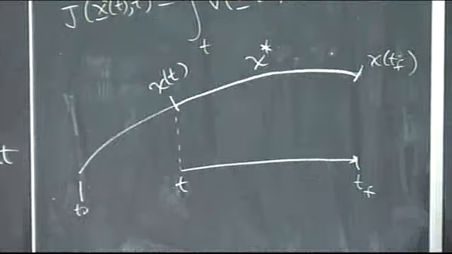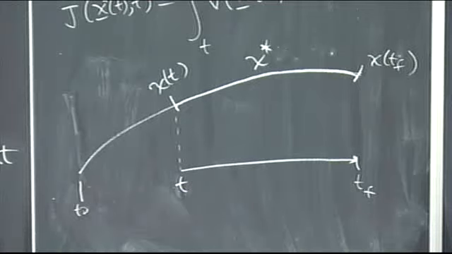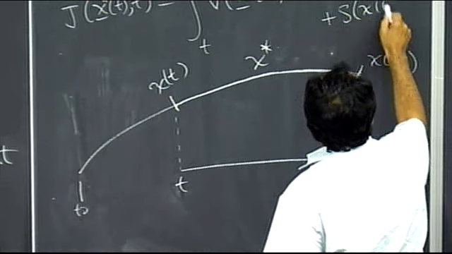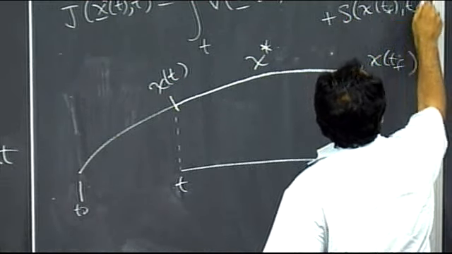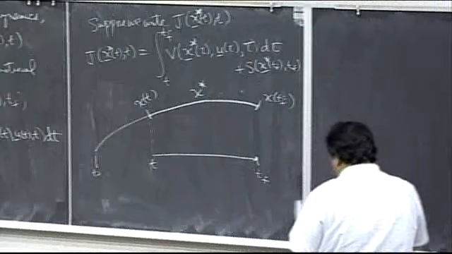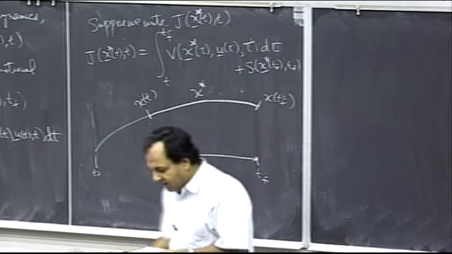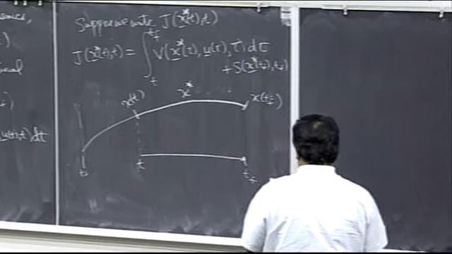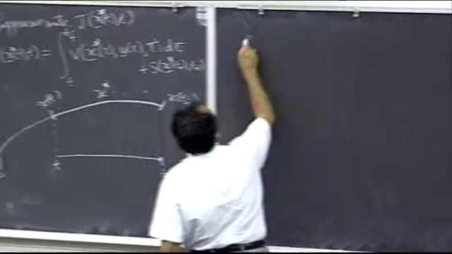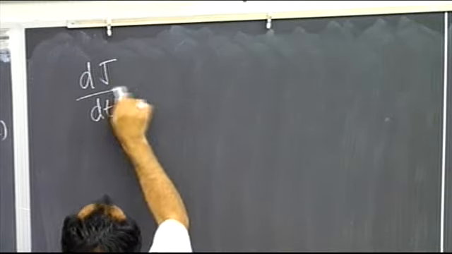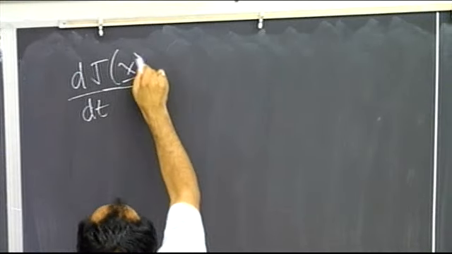That's what that cost represents. And then I've also got plus s of x of tf and tf, with a star here. Now I'm going to do a couple of things to this. The first thing I want to do is take dJ dt, evaluated at x star of t.